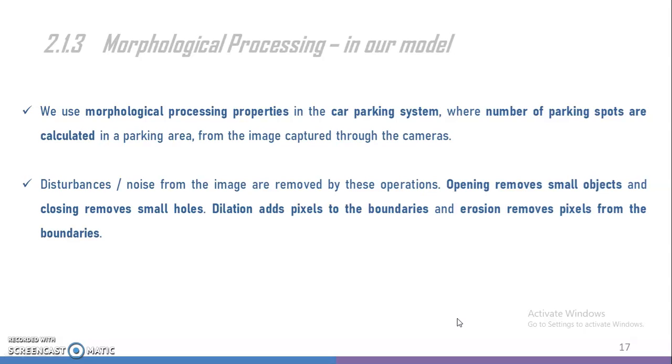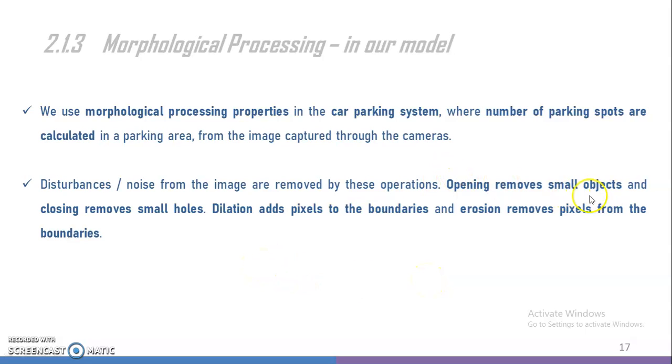So we use morphological processing in our model, the car parking system, as I talked about. Here the number of parking spots in a parking area is calculated, like how many parking spots are available. If a car comes, the parking spot gets filled. With these image processing operations, we can determine the number of available parking spots. The images are captured through cameras, because nowadays cameras are everywhere. Disturbance and noise in the image are removed by operations like opening and closing, and dilation and erosion, because some light effects and disturbances come in the images.